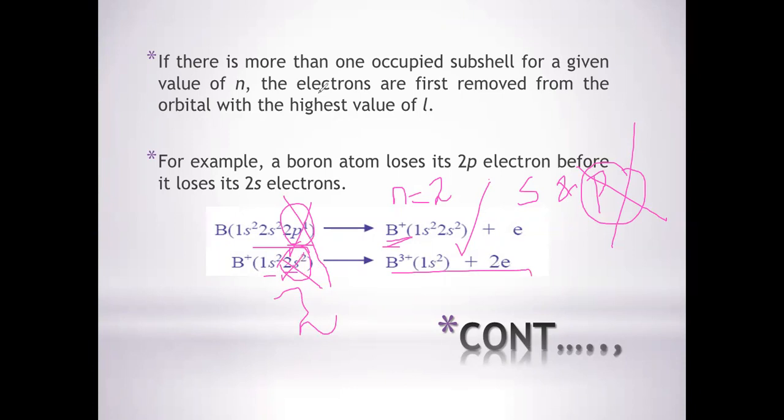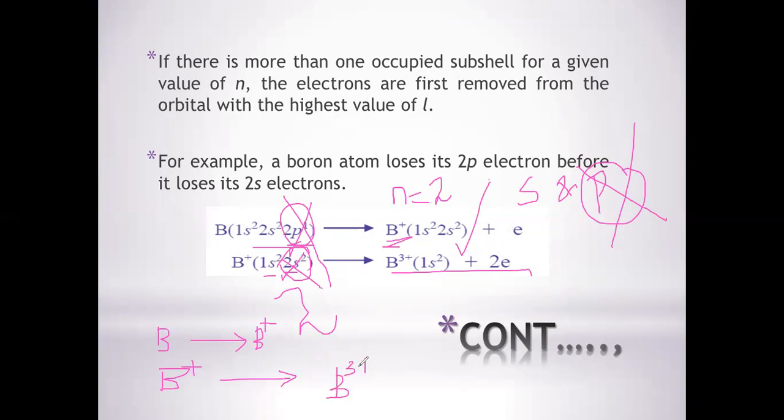Did you all understand, guys? Please try to understand. So boron is converted to B+ by losing the electron from the p orbital. But how is B+ becoming B3+ possible?